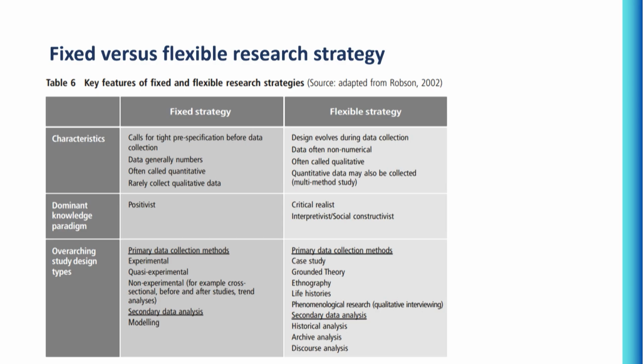Whereas your flexible methods are case studies, grounded theory, ethnography, life histories, secondary data analysis. You might be using archival analysis or discourse analysis. But essentially the reason is because as you're moving forward in the research, you're learning more about the topic, and your initial theory, your initial ideas are changing. That's why it's flexible. Yeah?